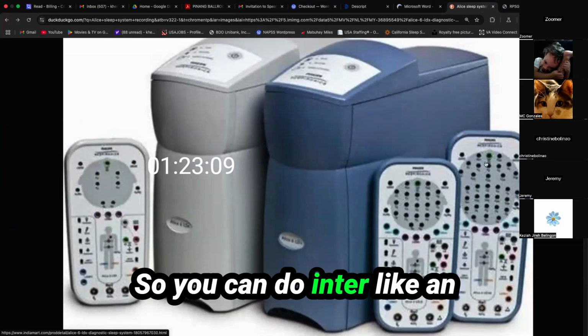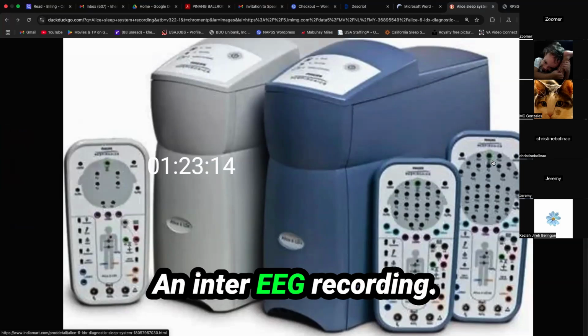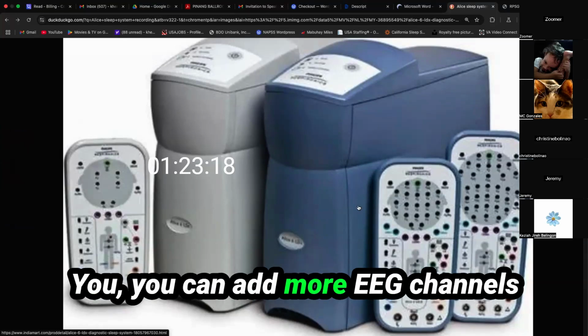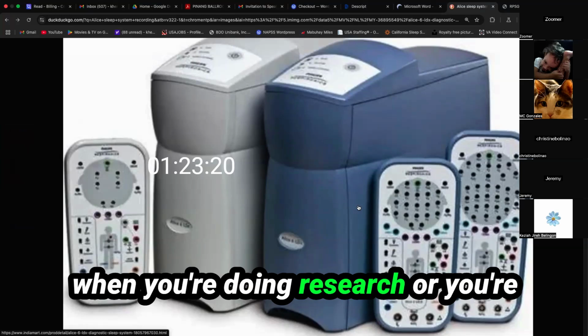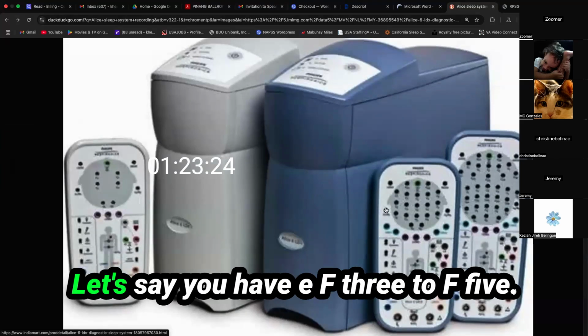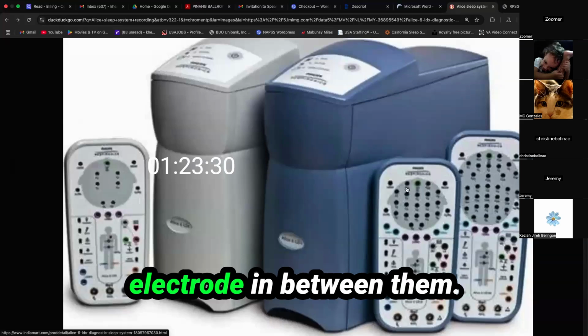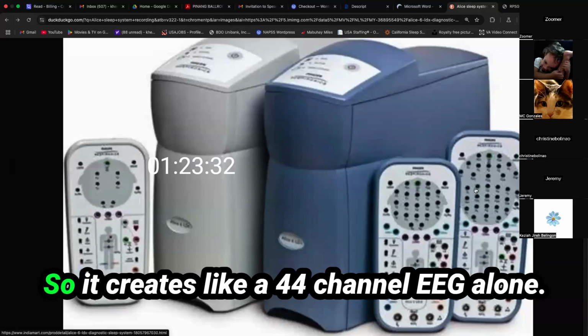So you can do an extended EEG recording. When you do that, you can add more EEG channels when you're doing research or you're doing traumatic brain injury patients. Let's say you have F3 to F5, then you add another electrode in between them. So it creates like a 44 channel EEG alone.